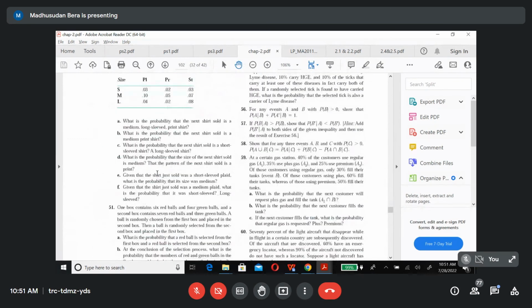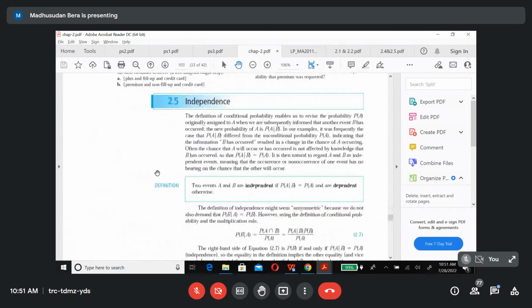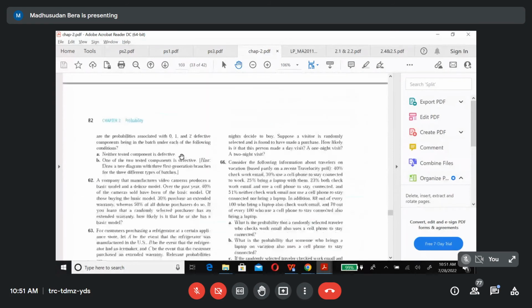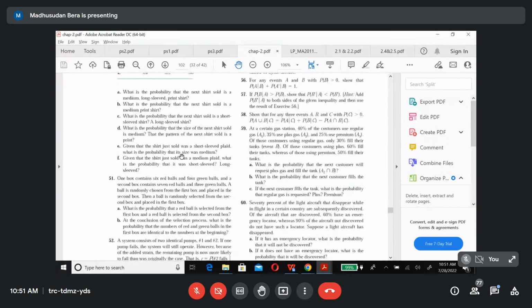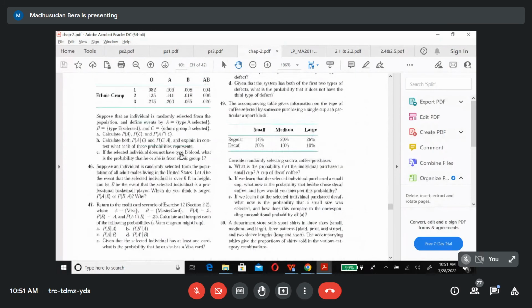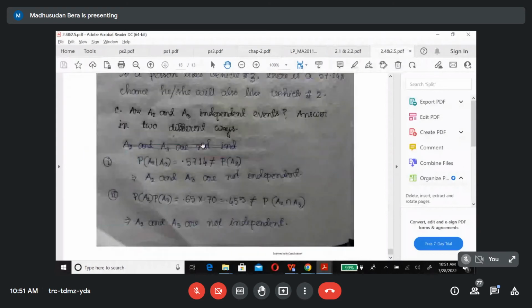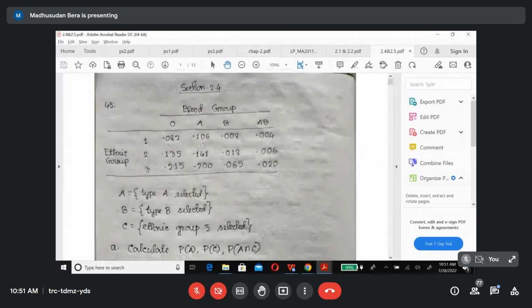2.5 is independence of events. So next class we will solve questions on these two exercises, 2.4 and 2.5. Many questions are done here in 2.4.